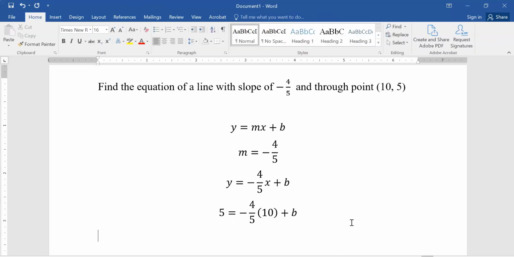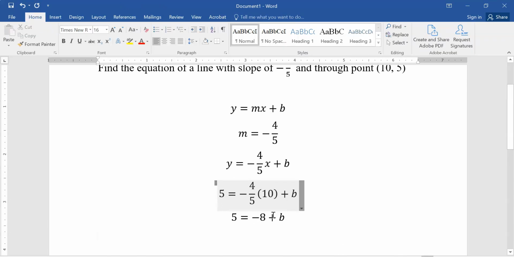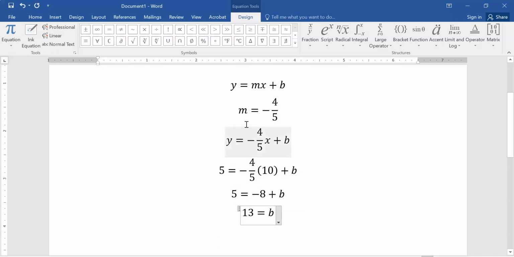Now I can solve for b. What we end up with, 5 equals negative 8. When you take negative 4/5 times 10, you get negative 8 plus b. Add 8 to both sides, you end up with 13 equaling b. Okay, now that we've done all that, I know my slope, m, is equal to negative 4/5.